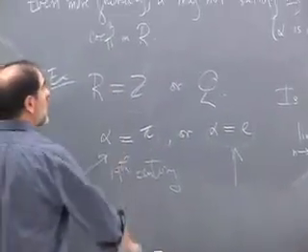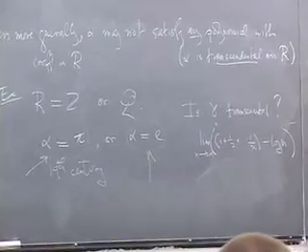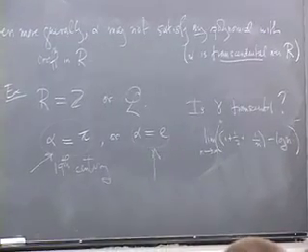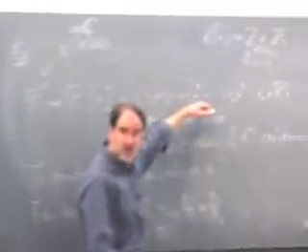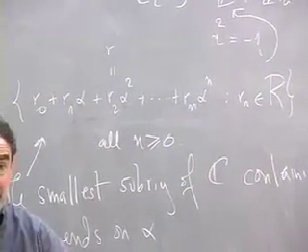Now, if it doesn't satisfy a polynomial, then all of these polynomials are distinct for every value of n. Because if there were any two that were equal, their difference would produce a polynomial that it satisfied. Right?